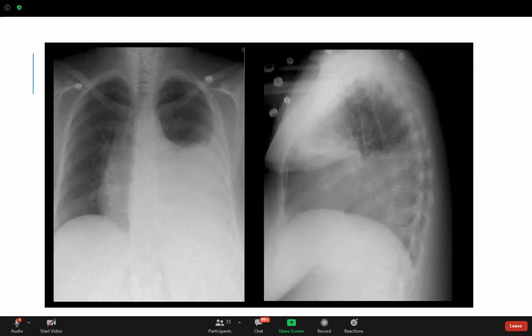Whoever said lung collapse, when the lung collapses, do we expect a trachea deviation toward the lung collapse or away from the lung collapse? Toward the lung collapse, that's true. And in here, we see it actually moving away from the lung collapse, okay? But that's a good thought.